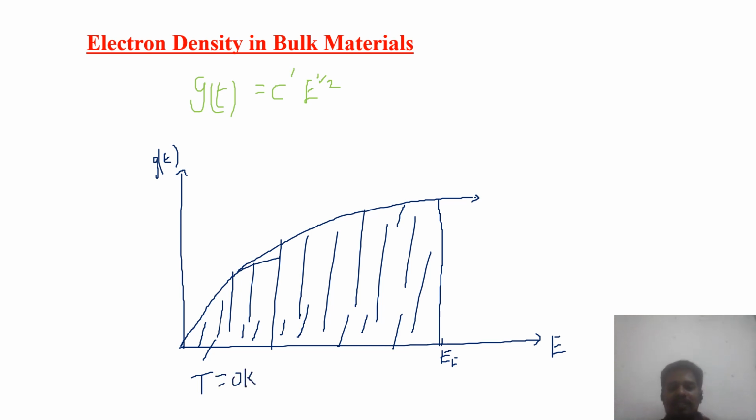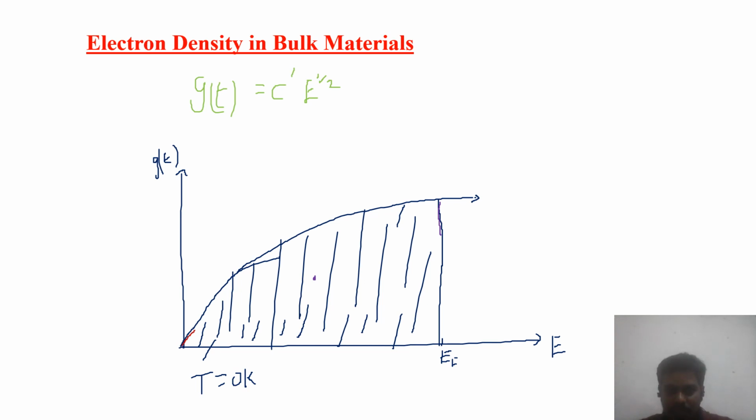Suppose you increase your temperature, what would happen? At any finite temperature or room temperature, the electron cannot have sufficient energy to cross the Fermi energy. But at the Fermi surface, that means at the top of the energy states, the electron can cross this energy level. That means your curve will vary like that. You can choose a different color.